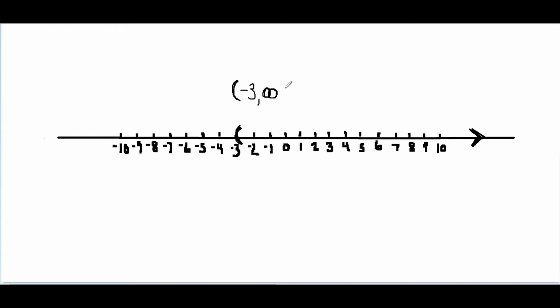Okay, and then that would be positive infinity, if you were taught that. Also, when I have it going to infinity, I always enclose it with a closed parentheses. Okay, so there's the interval notation right here. Here's the graph, and I'm done with that problem.